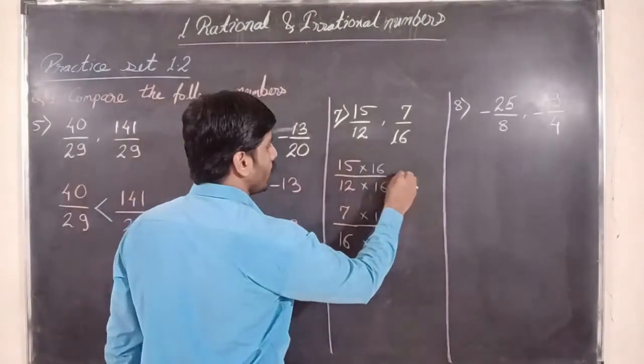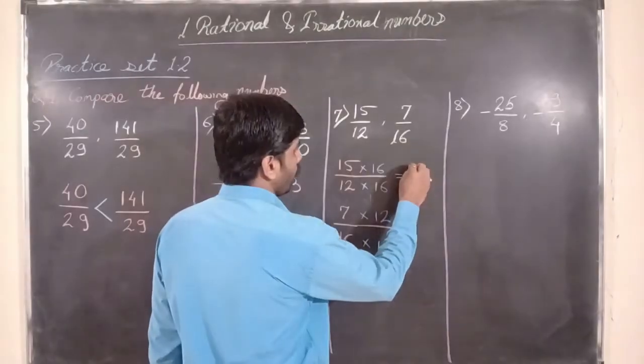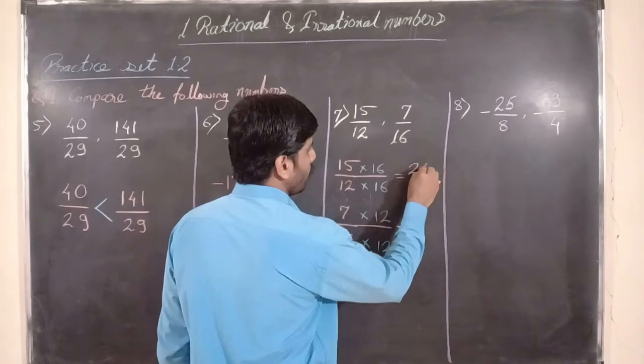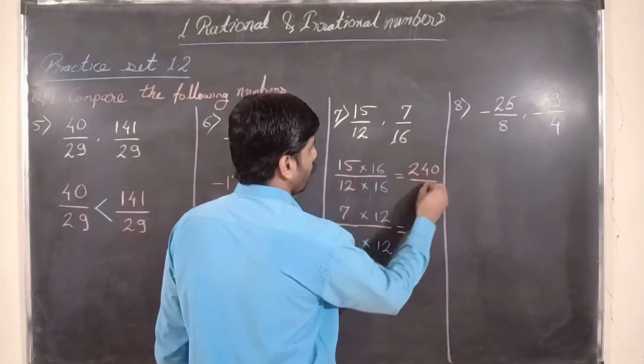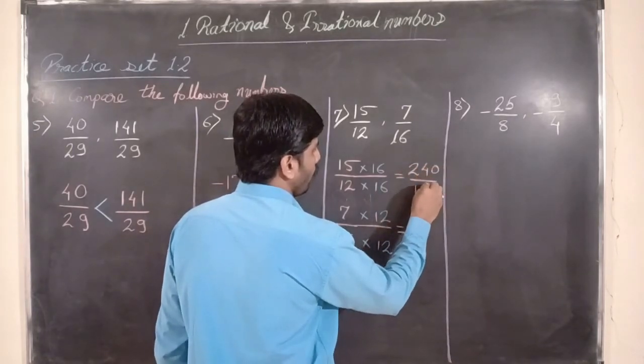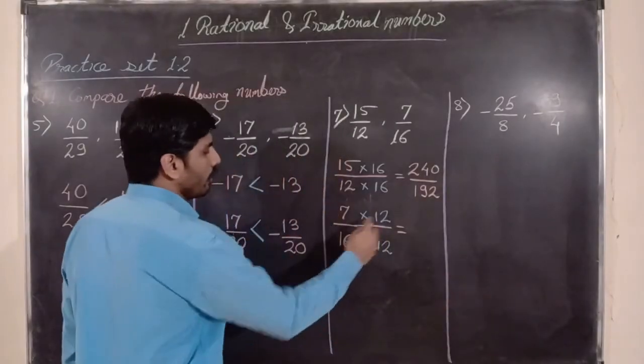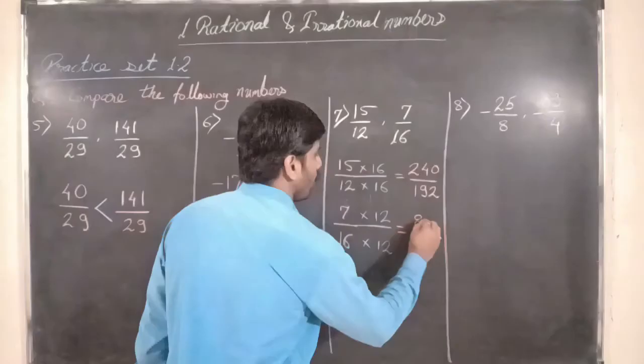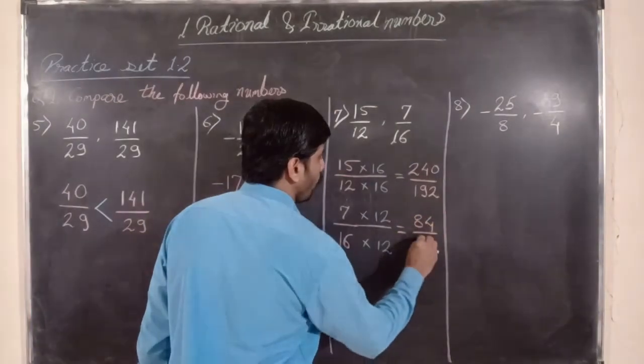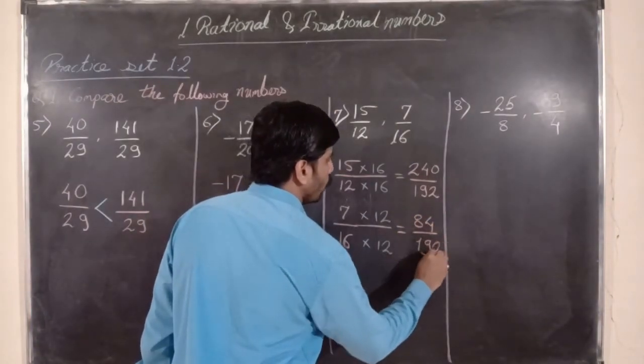So this will be equal to 240 upon 192, and this is 84 upon 192.